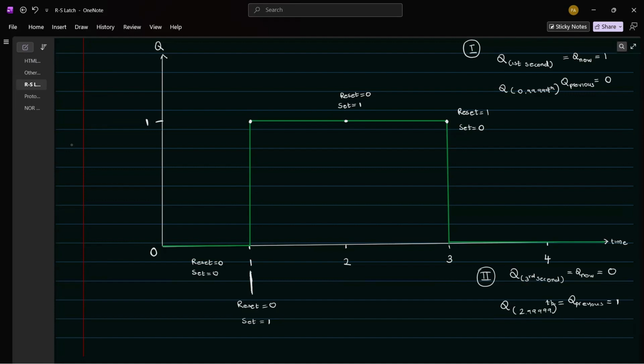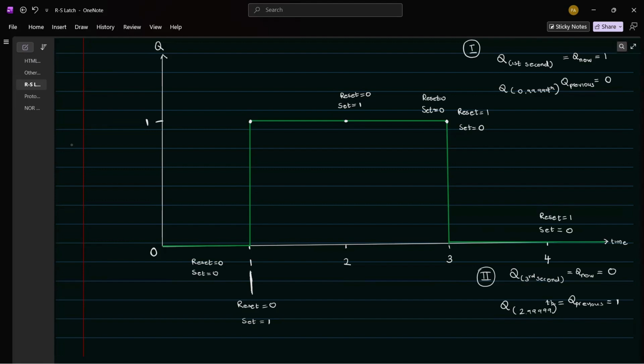Before this, set was 0 and reset was 0. But at exactly the third second, someone pressed the reset button so that the alarm can keep being silent. And here, the same happens. Let's say at the fourth second, someone presses the reset button, reset is 1 and set is 0. Does that change anything?